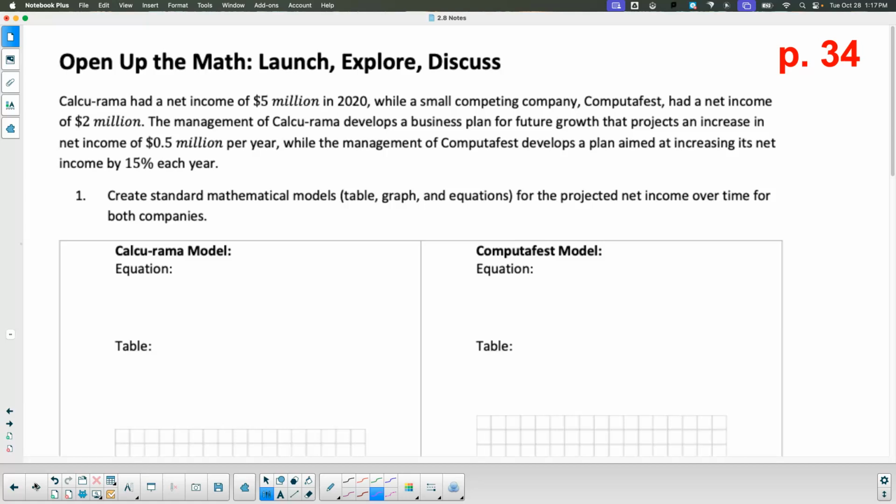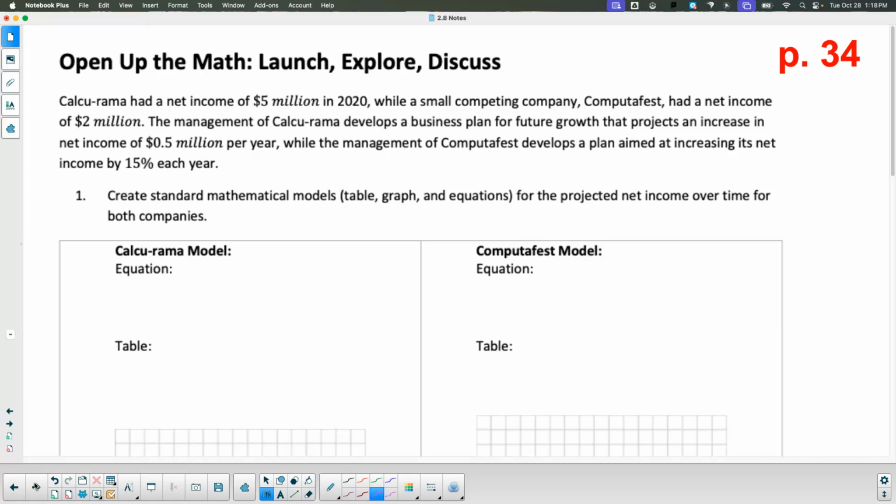The management of Calcurama develops a business plan for future growth that projects an increase in net income of $0.5 million per year, while the management of ComputerFest develops a plan aimed at increasing its net income by 15% each year. Okay?